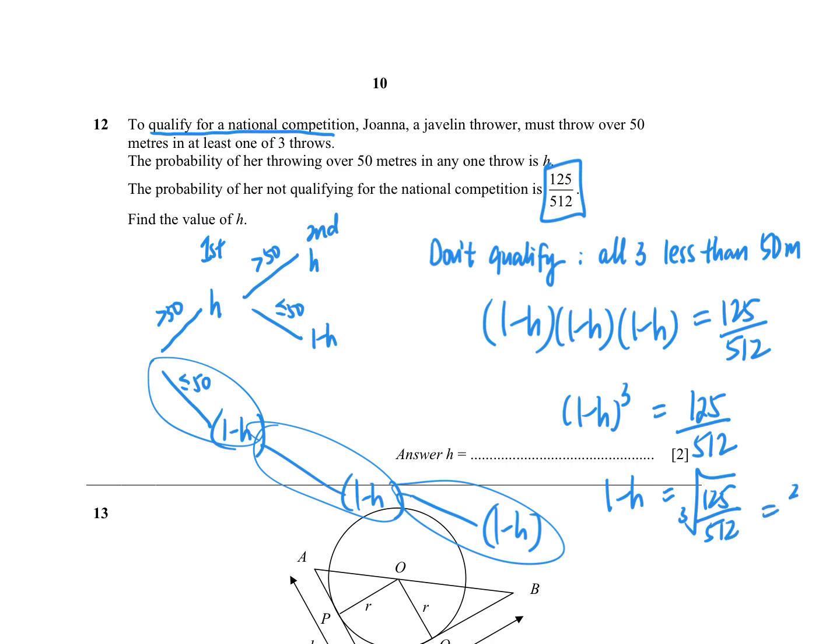What is cube root of 125 over 512? Should be a nice number. 5 over 8. So if 1 minus H is 5 over 8, H is 1 minus 5 over 8, which is 3 over 8. Okay, so you need to draw the branches to help you to see. But don't need to draw everything in detail, just a draft one to help you come up with this.